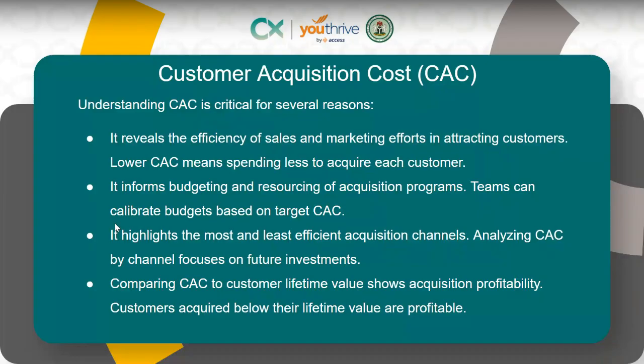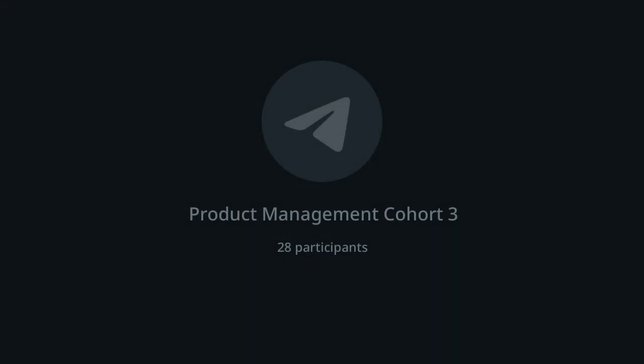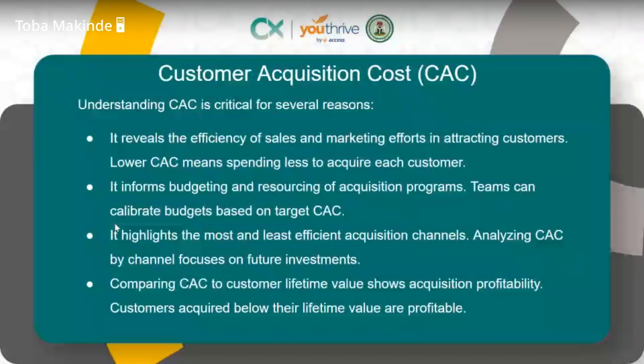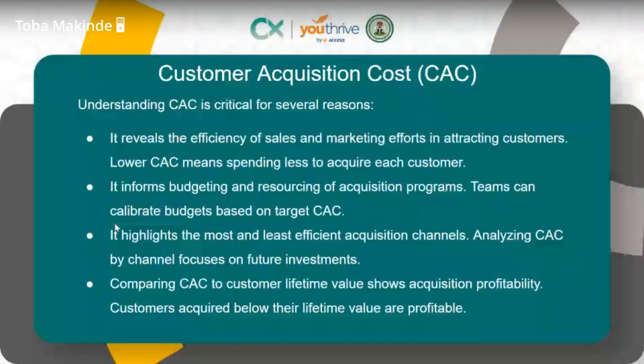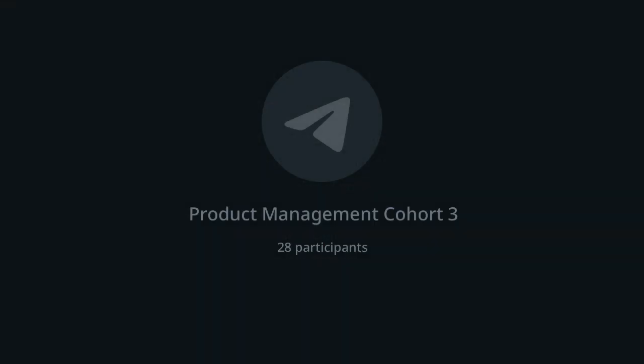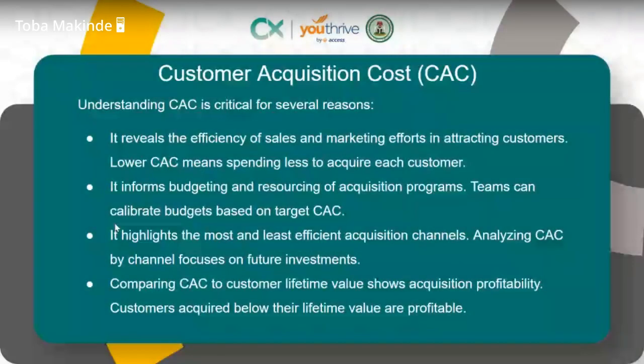It also highlights the most and the least efficient acquisition channels. Analyzing CAC by channel focuses on future investment. If you are analyzing it per channel, you can tell which channel is bringing more customers and which channel is not. You guys get it?